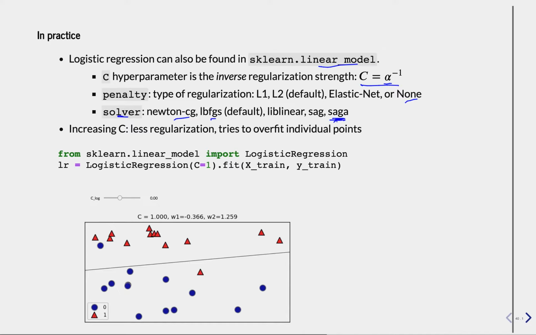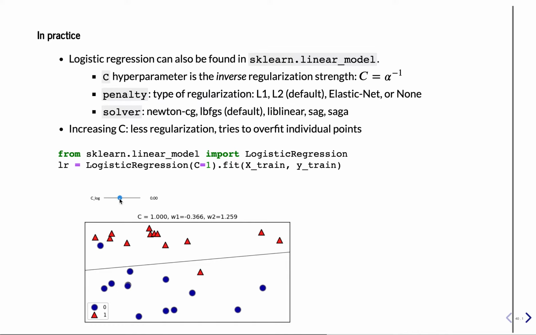Now, if you increase C, because it's the opposite of what you would expect, you will actually have less regularization, which means it will try to overfit individual points. So let's try this in practice. So I have my implementation here. So I fit this on some data.